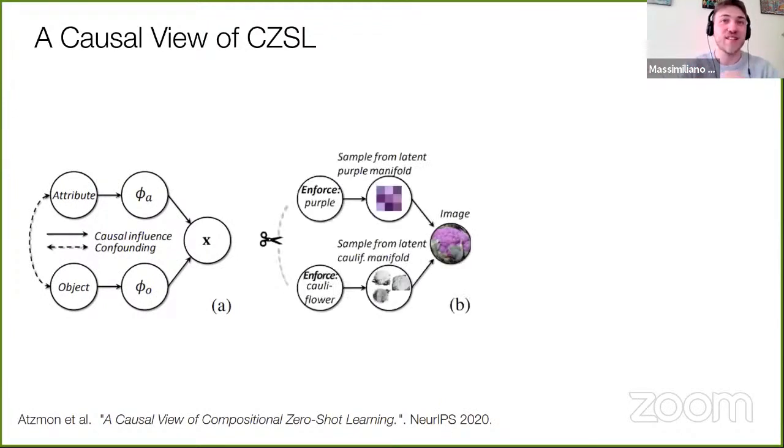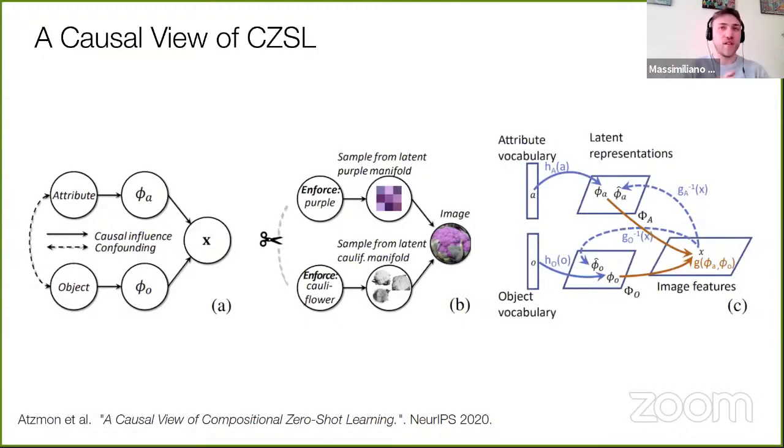The basic idea is this: to have a representation of the object and a representation of the attribute that are independent, but that when composed, can give back our image. So we want to model what originated this image, the causal factors that originated the images, with the factors being the states and the objects. This is achieved with different losses.